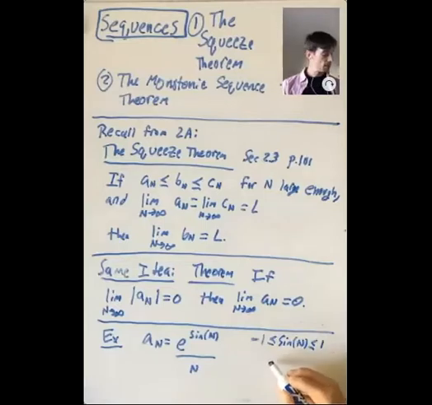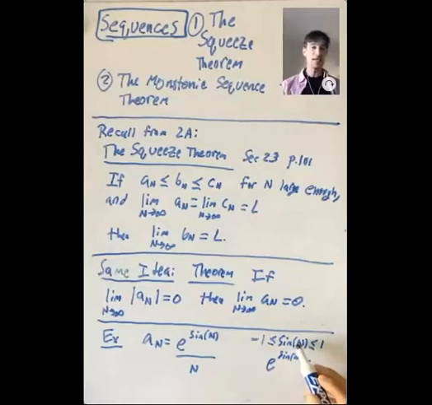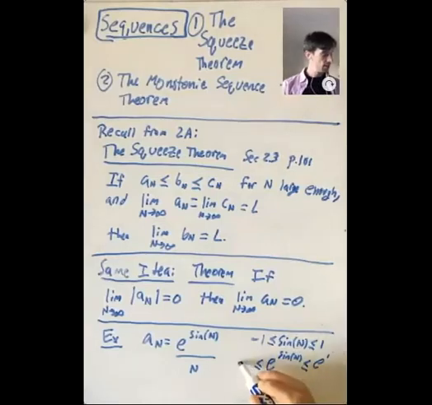So what does that mean about e to the sine of n? Well, we're taking e to something that's always at most 1. So that's at most e to the 1. And it's at least e to the -1. But that's not the function that we actually care about. E to the sine of n over n is always at most e over n.